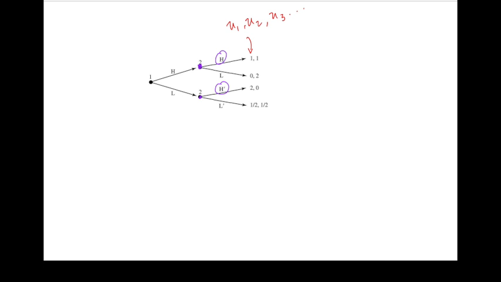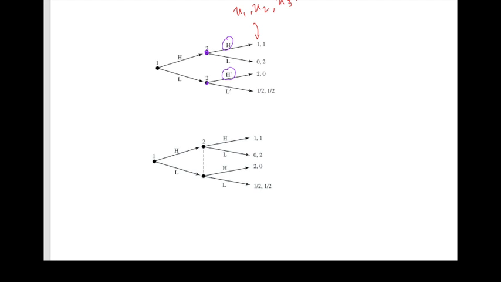By labeling the actions at different information sets differently, it helps us distinguish between the actions that the player is taking. After all, taking the high action, which H represents, after the first player has chosen H, is different from choosing the high action after the first player has chosen L, if player 2 knows what player 1 has done.